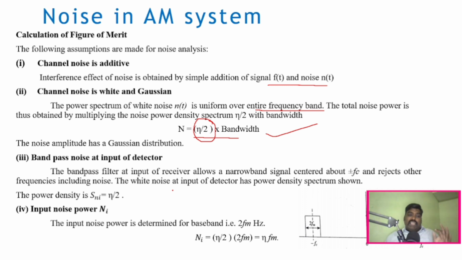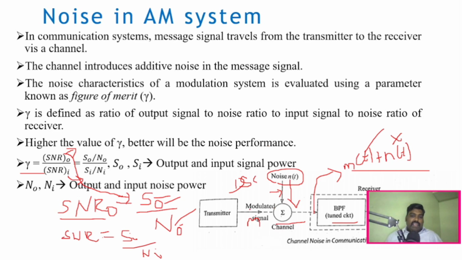And I've already said that before the detector, you will use a band pass filter, right? And that band pass filter will reject all other signals and send only the desired signal, which means it will allow only the narrow band signal. Here you can see the noise is getting added, and that signal will be band limited.